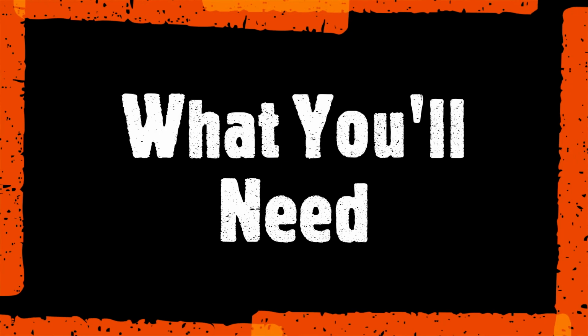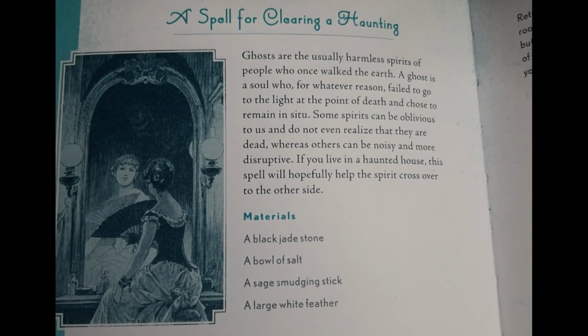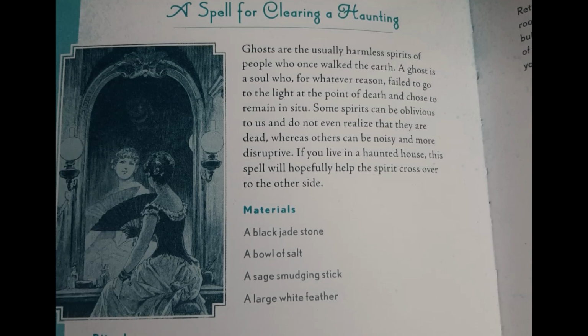So in the book Crystal Witch, there is a list of suggested ingredients to properly do this spell. Now, I had to actually alter this ingredient list for my own personal use because I didn't have, for instance, the Black Jade stone.